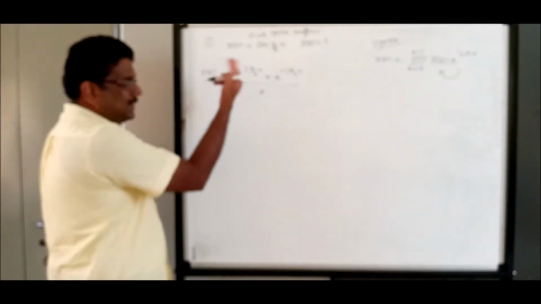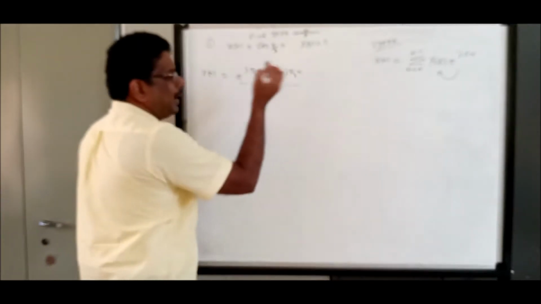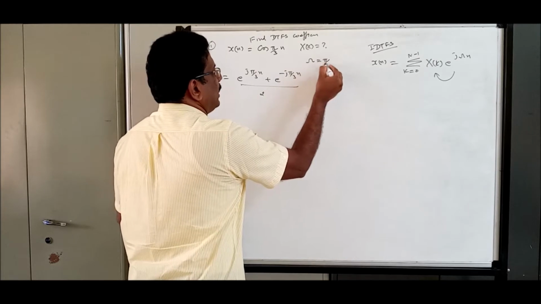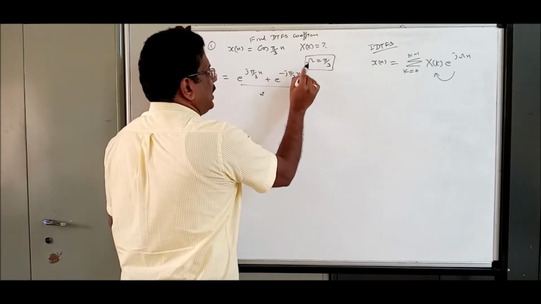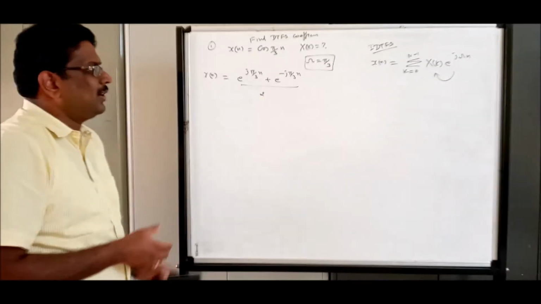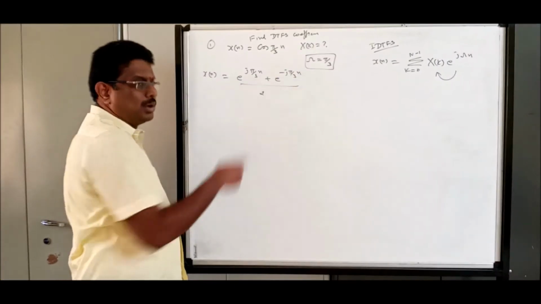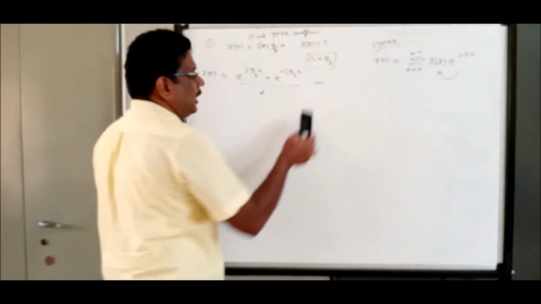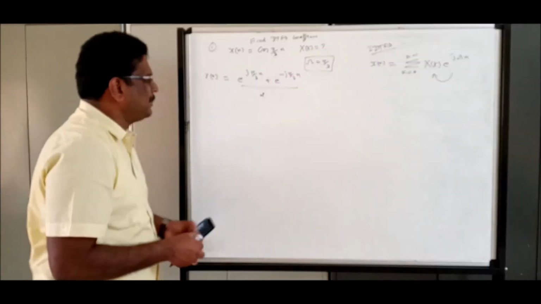By just seeing the given problem, cos omega n, what is your omega value here? Pi by 3. Even the explanations about this omega we discussed in the periodic signal itself. This is the discrete angular frequency and this is your continuous angular frequency. It is just a representation, simple.